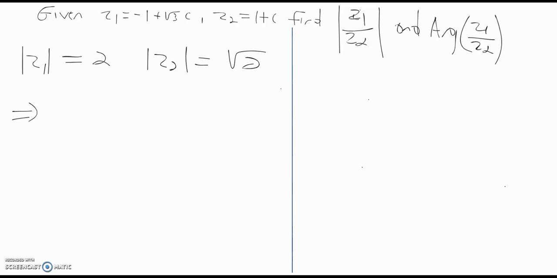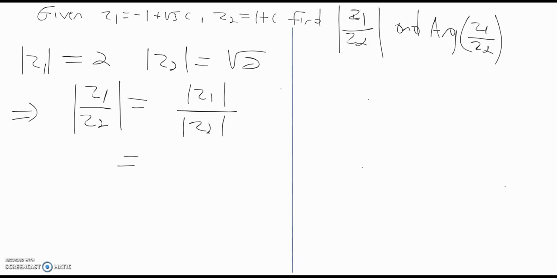So by the property, we know that the modulus of z1 over z2 is equal to the modulus of z1 over the modulus of z2, which would break down to 2 over root 2, and we don't leave the denominator with surds, so it's going to be 2 root 2 over 2, or we can just say root 2.